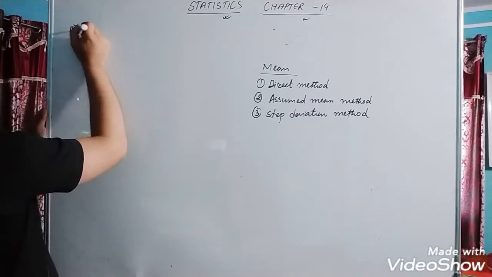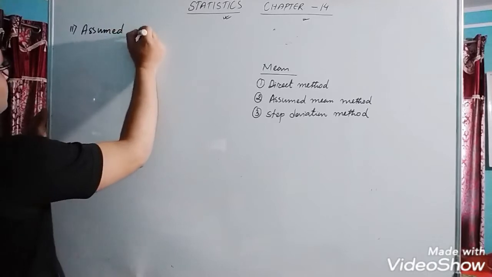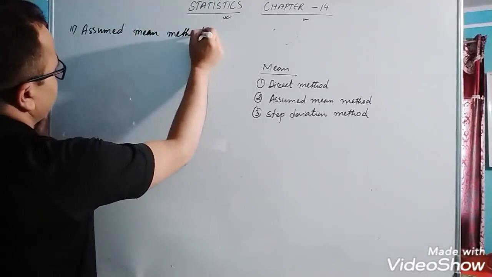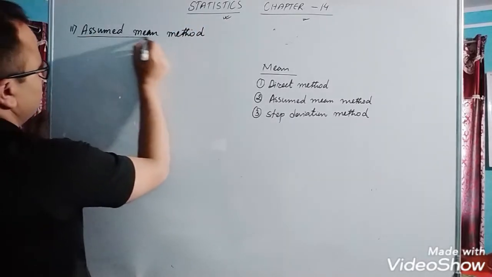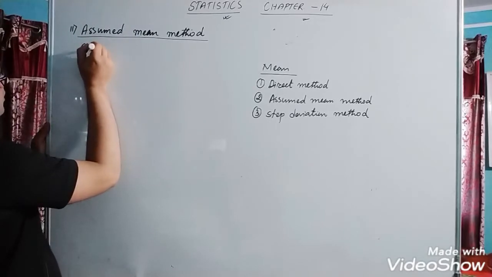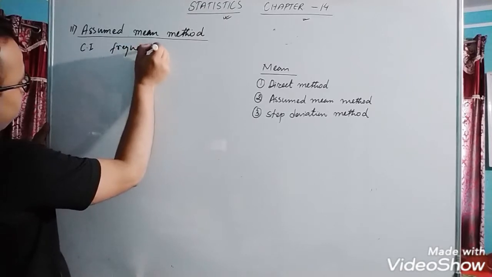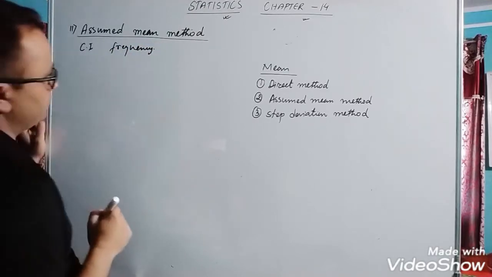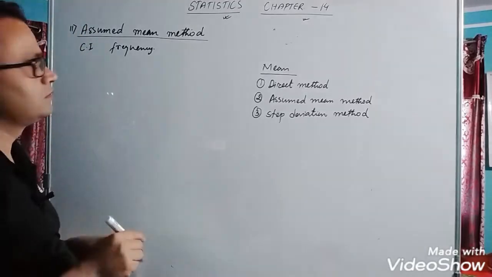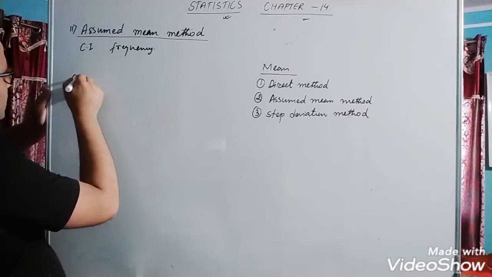Number 2 is the assumed mean method. In this case, class interval and frequencies are given. First, we will make the table for the assumed mean method.